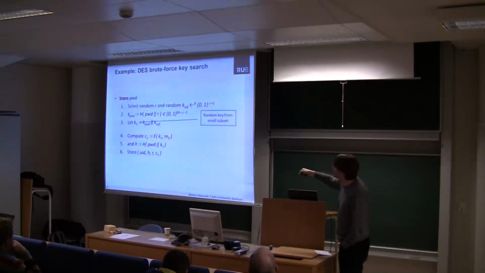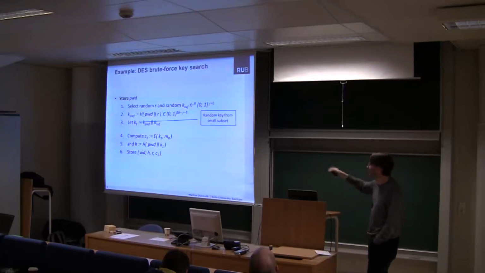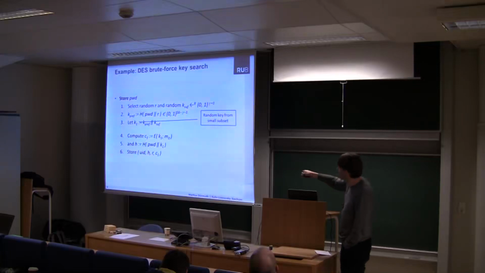And in addition, we're using this key K1 as a salt in a normal password hash, let's say. This can be just any hash function, whatever. And what we're storing is, of course, user ID or something. We are storing the hashed value h, computed here. We are storing the random value R chosen here, which gives us the prefix, if we know the password, and C1, which is from here.